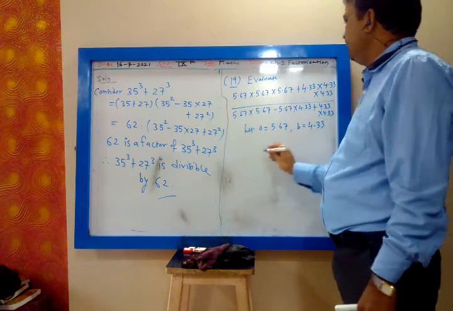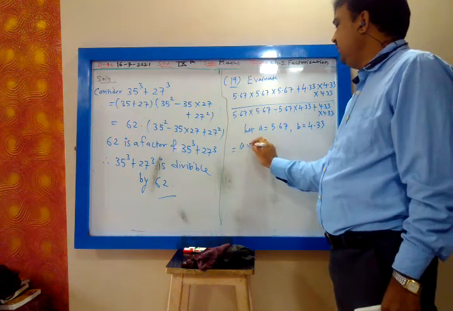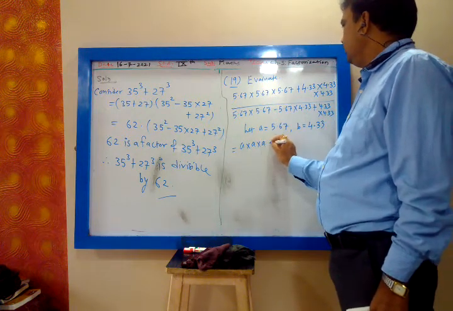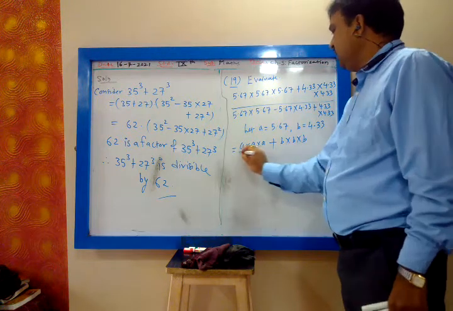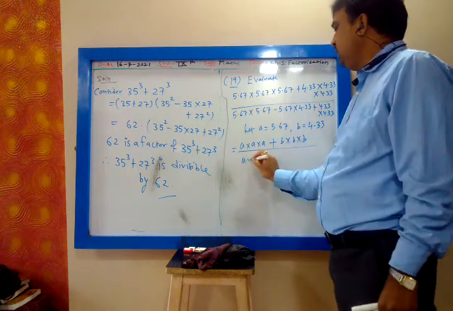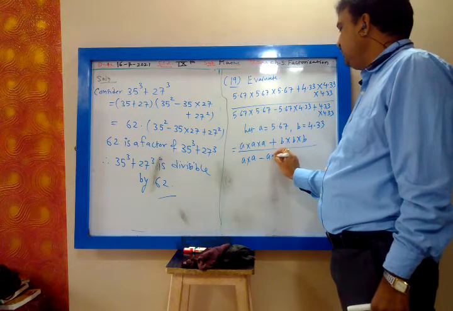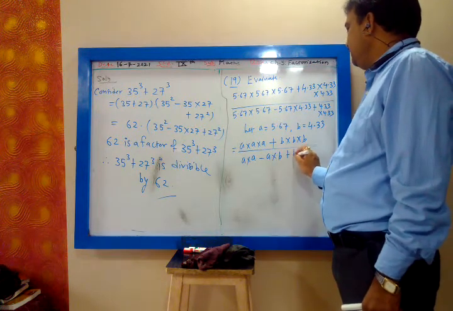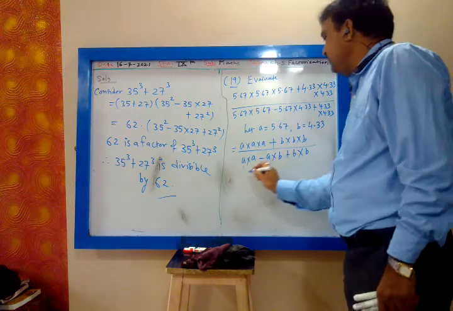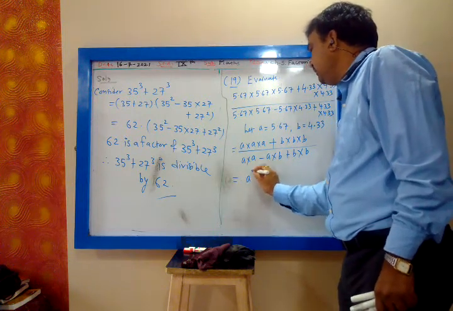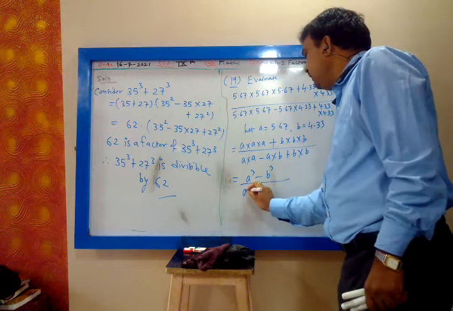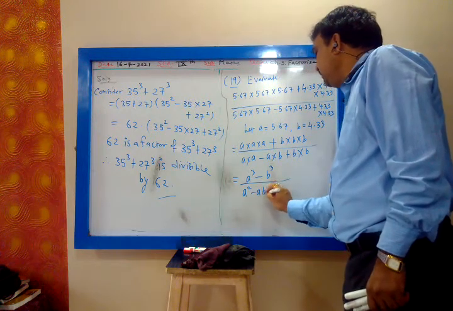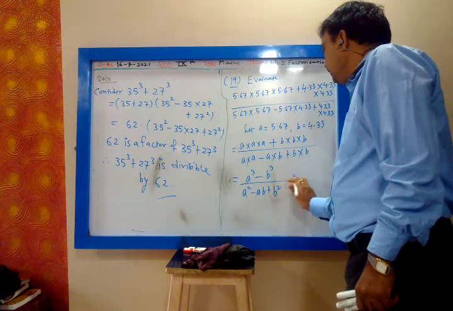We will see. So this becomes A into A into A plus B into B into B, upon A into A minus A into B plus B into B. Identify the type: A cube plus B cube upon A square minus AB plus B square.